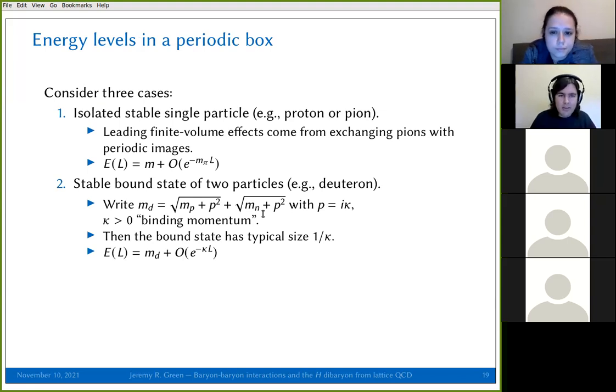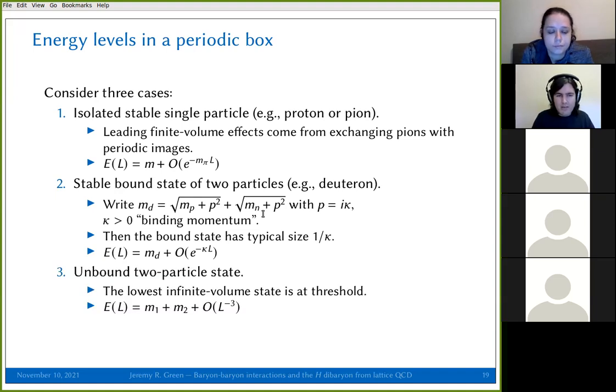And recall the magnitude of this imaginary momentum is the binding momentum. And the inverse of the binding momentum gives, in some sense, the typical scale of the size of the bound state. And it's been shown formally that the energy level in the finite box is given by the infinite volume deuteron mass plus something that scales exponentially with the binding momentum times L. Now this can be smaller than the pion mass, so the finite volume effects are worse, but they are still exponential.